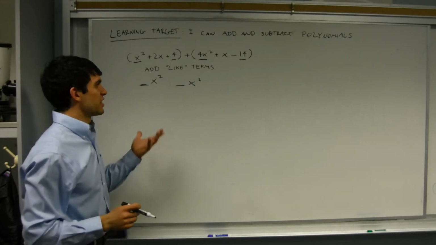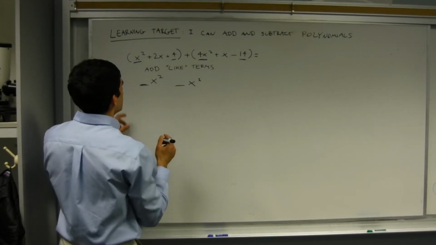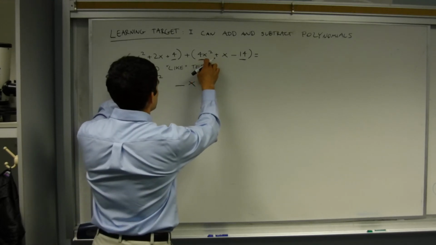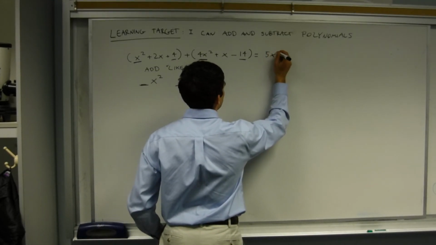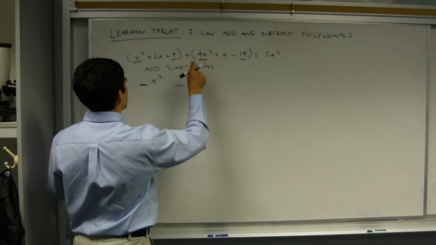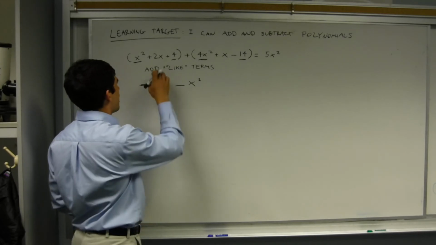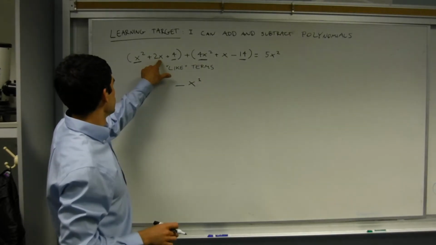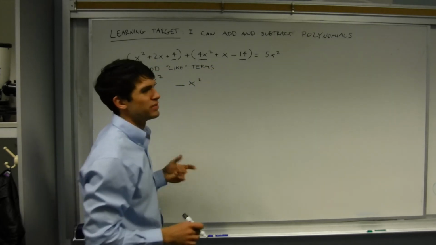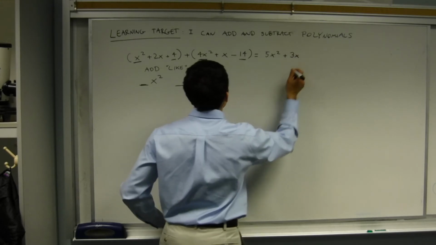So what does our addition look like? I'll write an equal sign here. We have x squared plus 4x squared, which is 5x squared. So we add the coefficients together: we add 4 and 1. Then we have 2x plus x, so 2 times x plus 1 times x, which gives us 3 times x.